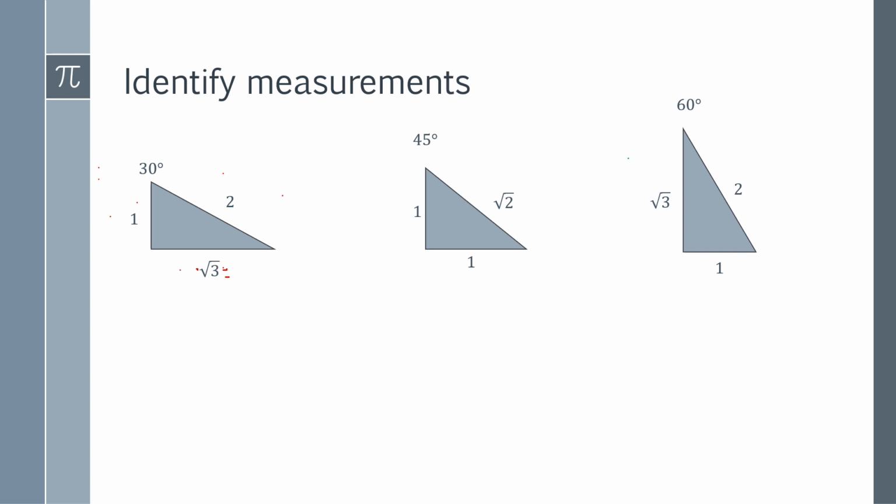So what I need for you guys to do is now give me the 6 trig ratios of each triangle. Again, pause this video and give the 6 trig ratios.